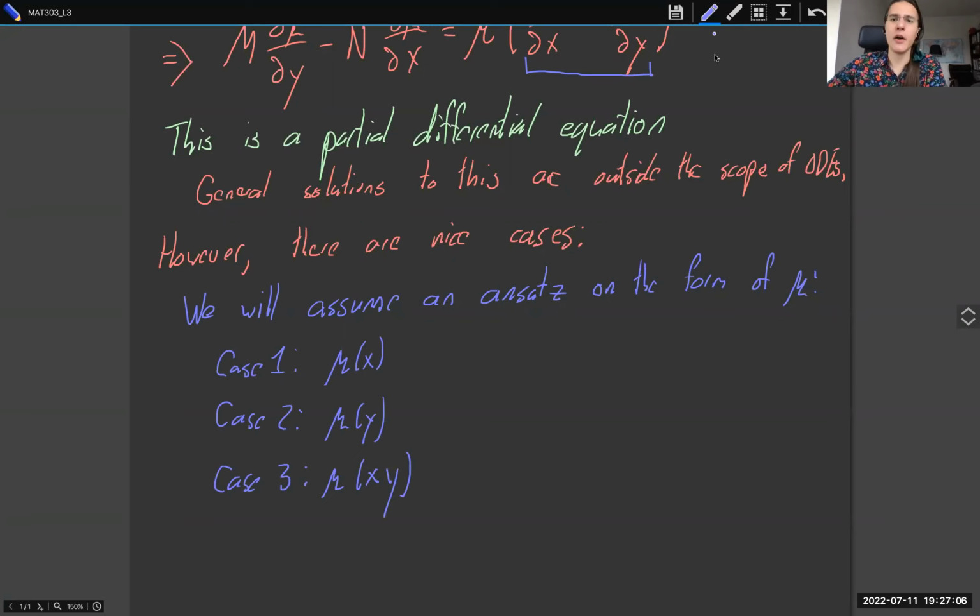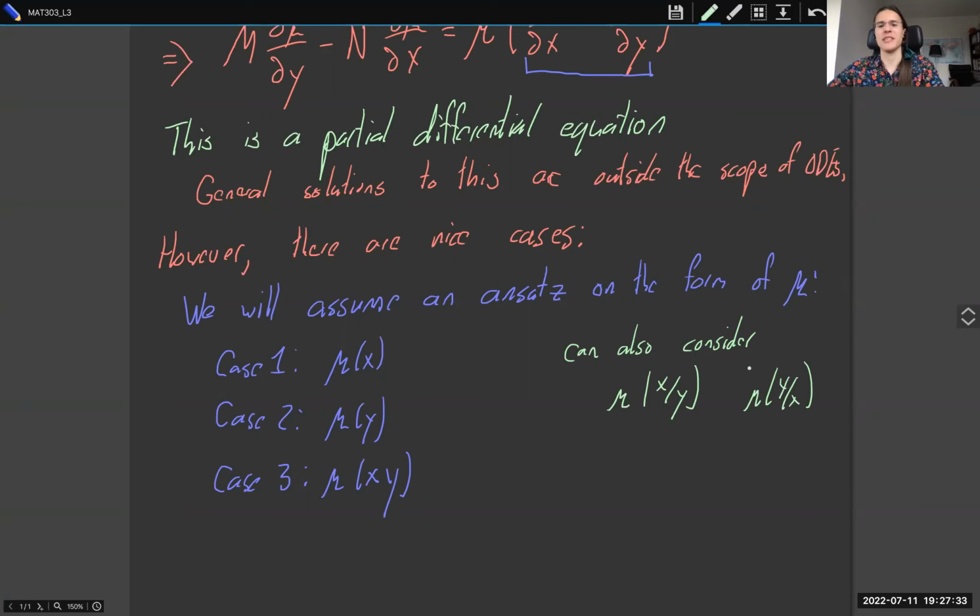We're not going to do it here, but you can also consider mu as a function of x over y, or mu as a function of y over x.